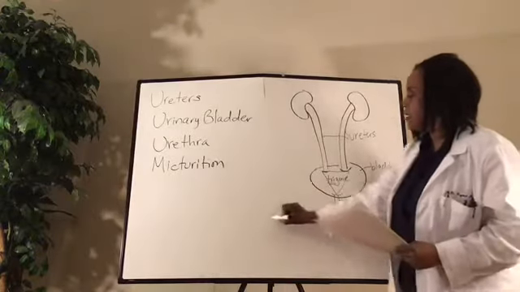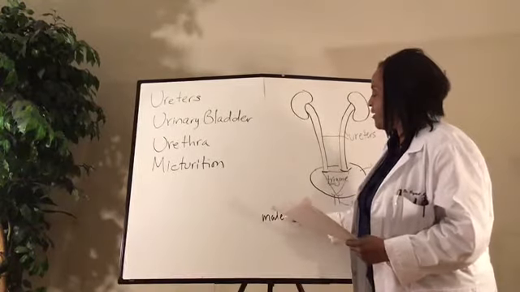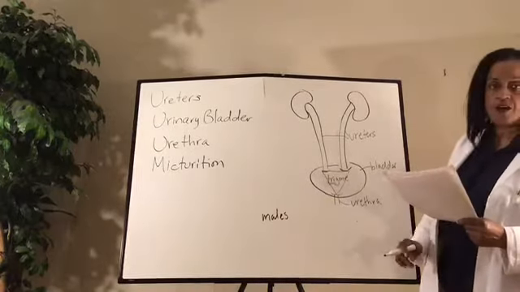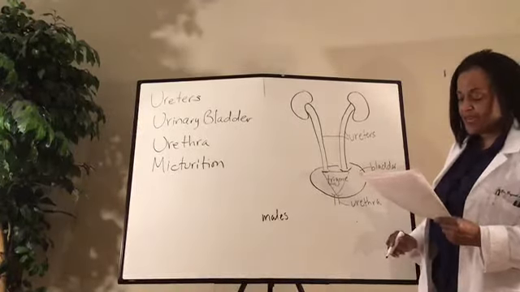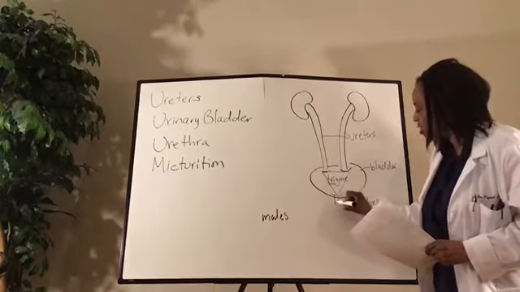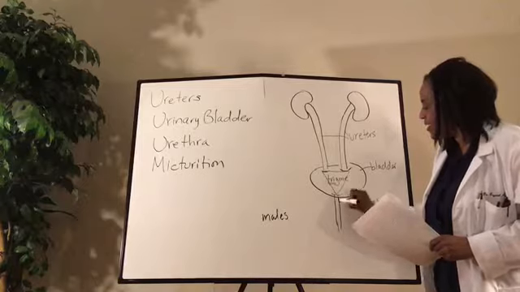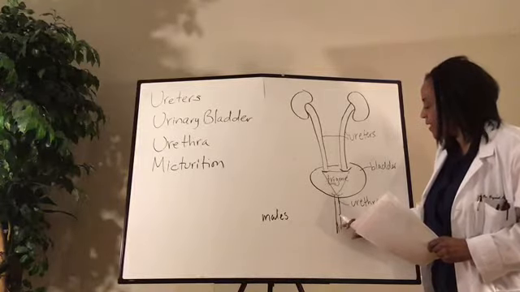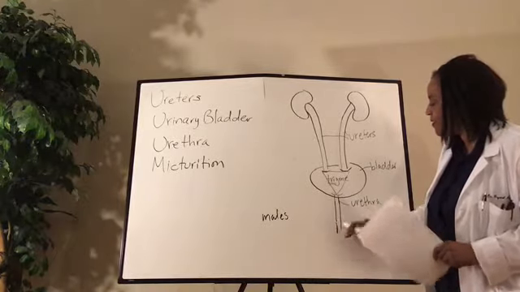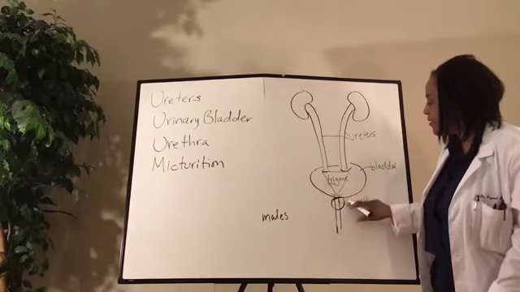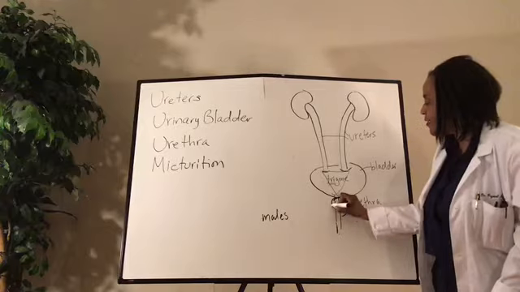In males though, the urethra passes through the center of the prostate gland immediately after leaving the bladder. So a male's urethra, I'm just going to exaggerate this here. And I'm going to put here the prostate gland.